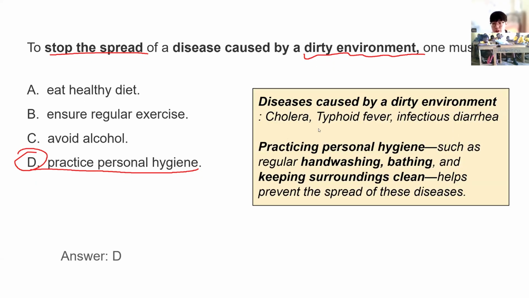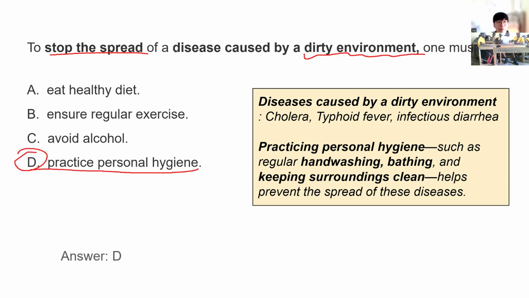Diseases caused by a dirty environment, things like cholera, which we've looked at, typhoid fever, infectious diarrhea, we can avoid by practicing personal hygiene, such as washing your hands, bathing, keeping your surroundings clean, and all of that helps prevent the spread of these diseases. So yeah, great job. The answer is D, personal hygiene.